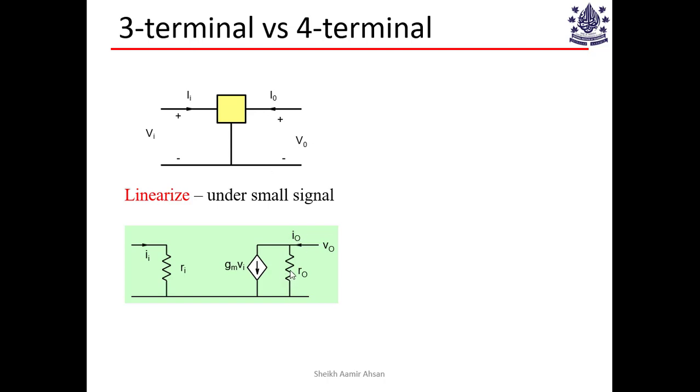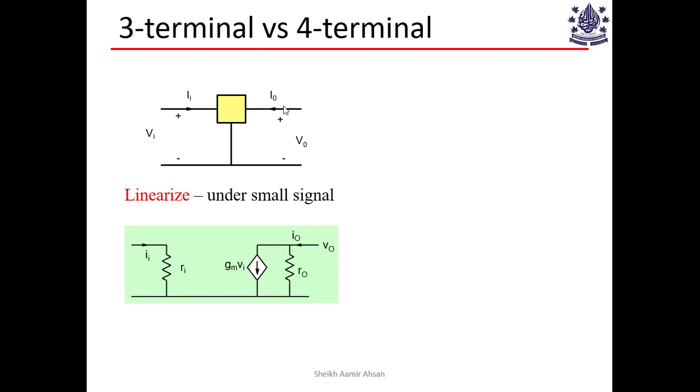It's nothing but a resistor R naught. And what is the linear relationship between I naught and Vi? It's also a conductance, I naught by V, but it's a transconductance because it is transferred across these two ports from the input port to the output port. That's why we call it the transconductance.